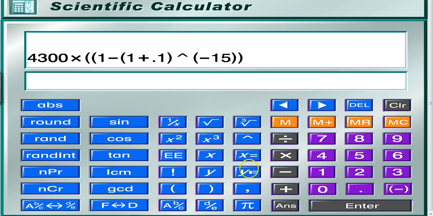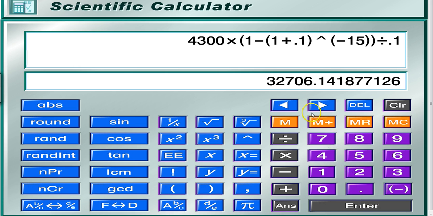So then divide everything by 0.1. I guess I don't need this first parenthesis. Just one should be sufficient. Yeah. Okay.